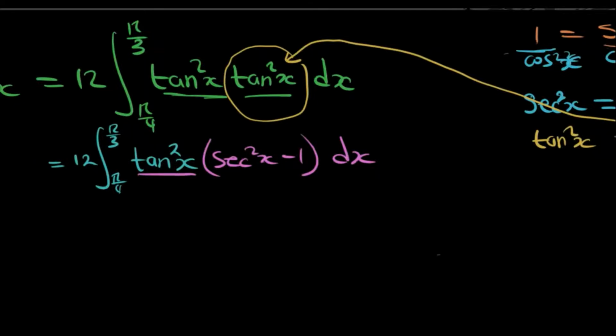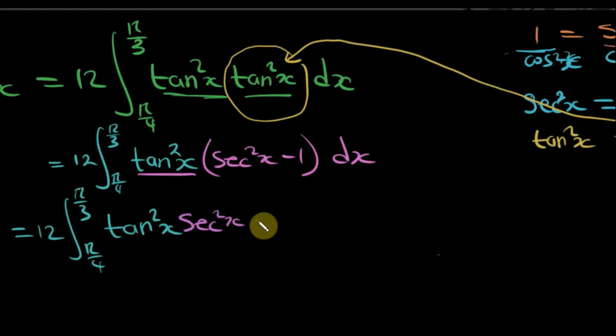We haven't touched these, so we write them as they are. That becomes tan squared x into sec squared x minus tan squared x, everything inside brackets, dx.